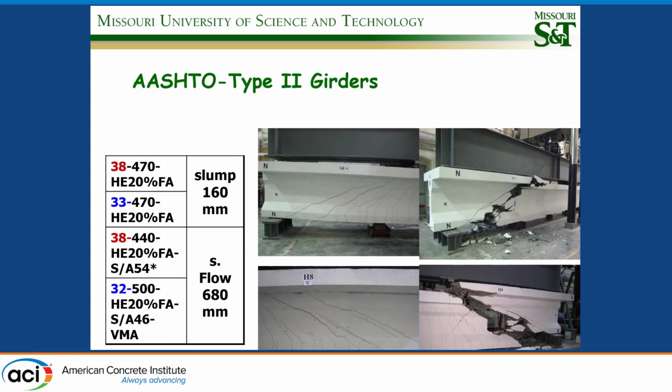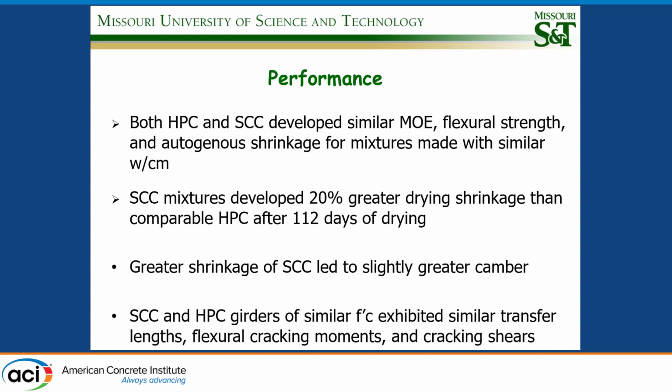But you have the slump flows and then 2 high-performance concrete and 2 SCC mixtures. Water binder ratios 0.32, 0.38, and a different type of binders. And the performance pertaining to really shrinkage and creep.